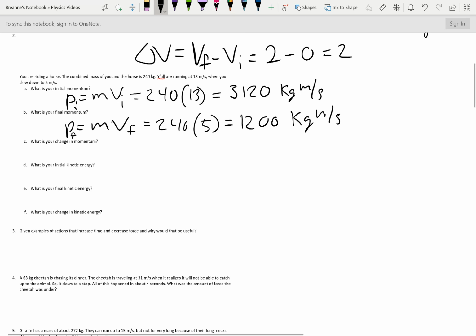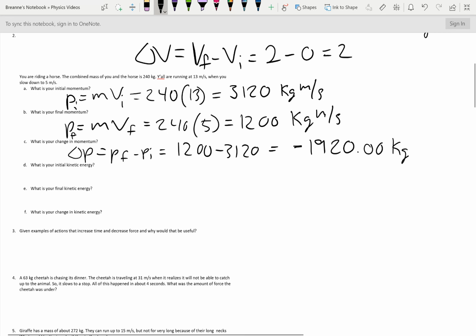Now, to get your change in momentum, it's just your final momentum minus your initial momentum, and you're going to end up getting a negative number. Momentum is a vector. It just means direction. It's telling you that your momentum is going to the left, which makes sense because you're slowing down.